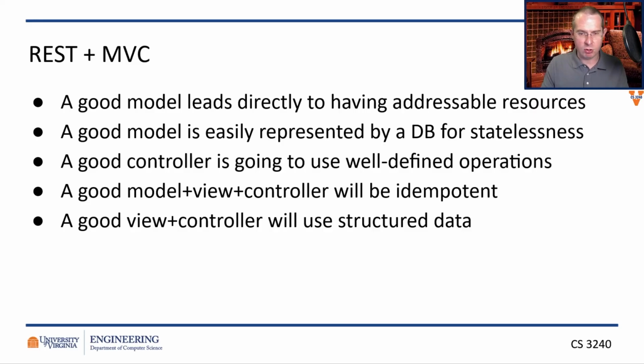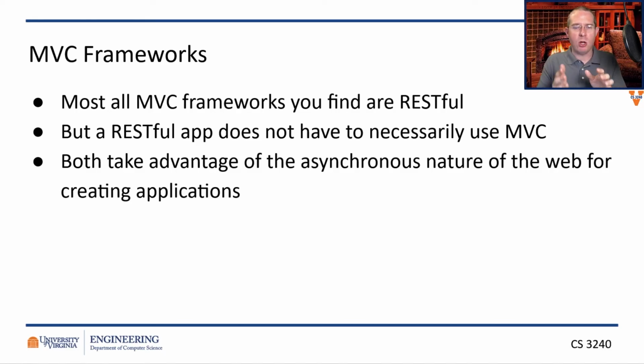If your model view controller all works the way it should, it's going to be idempotent, and a good view and controller together are going to give back structured data. You could be exporting HTML or JSON or whatever with your template files, but it's always going to be structured. So most all MVC frameworks that you find will be RESTful. But a RESTful app doesn't necessarily have to be MVC, okay?